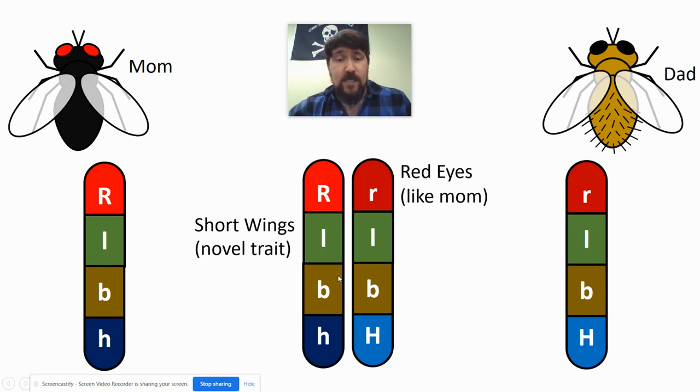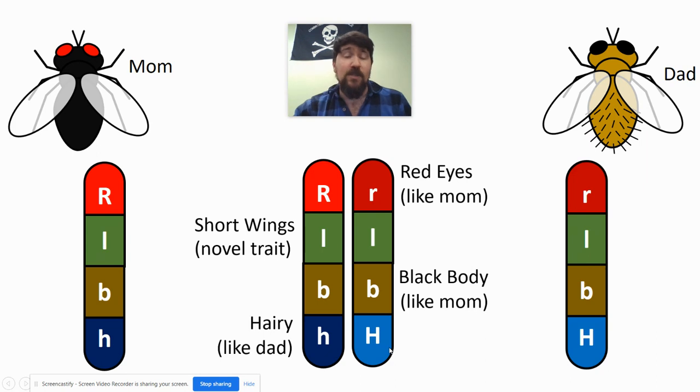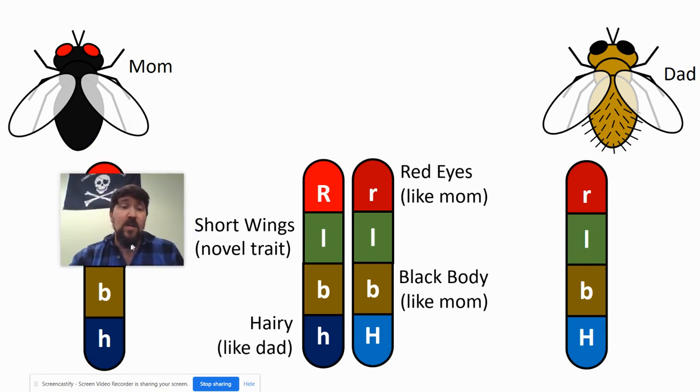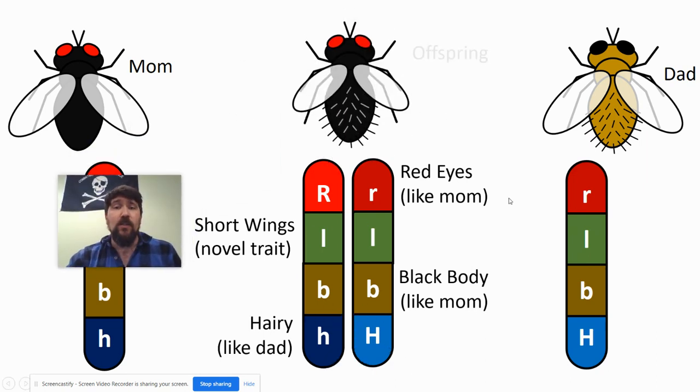It's going to have received both recessive little b alleles, so it's going to have a black body like its mother. So at the moment, this fly is looking way more like mom than dad, but it did inherit the dominant hairy gene from its dad, and so it's going to be hairy like dad. So our baby fly is going to look like this. This is the offspring of this particular breeding.